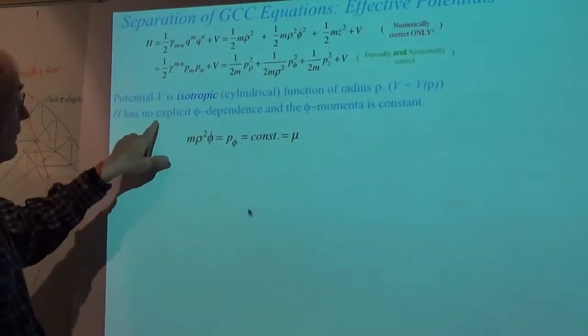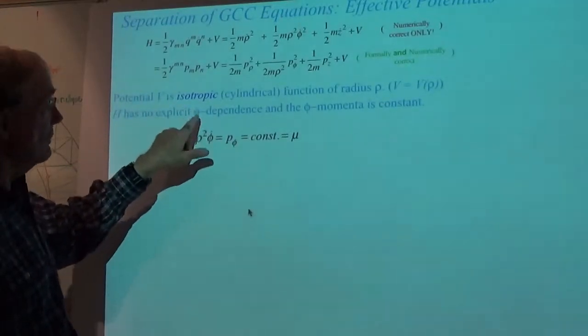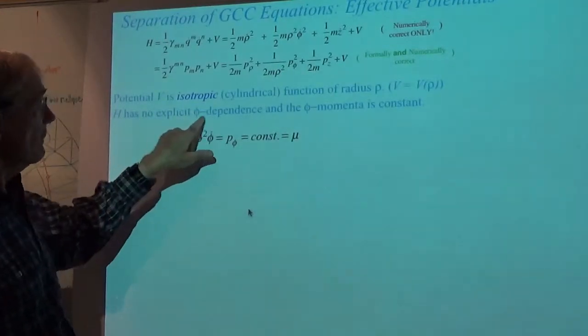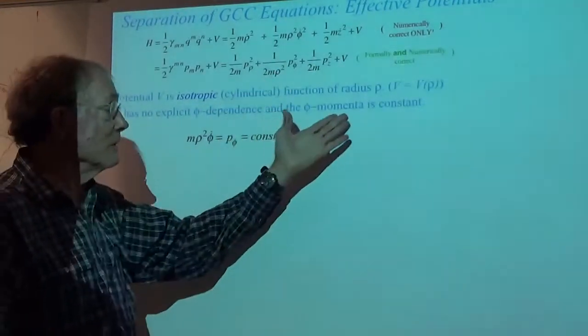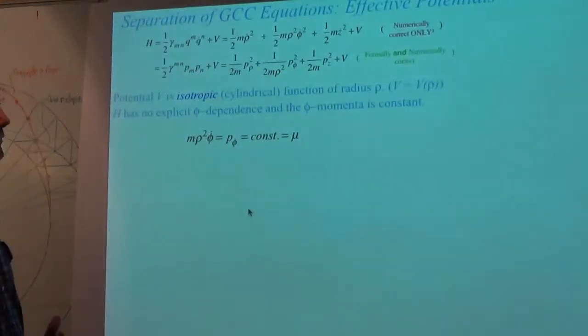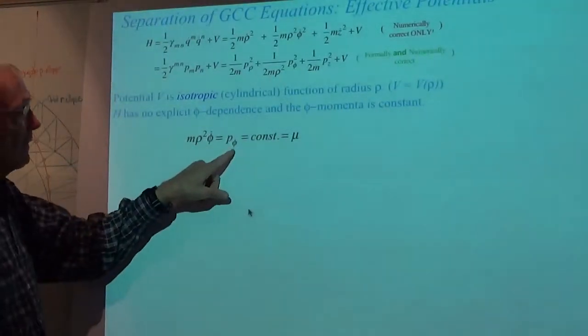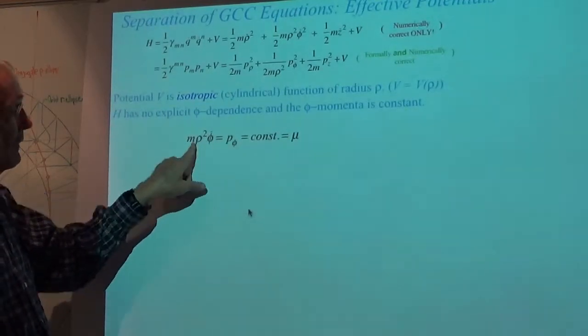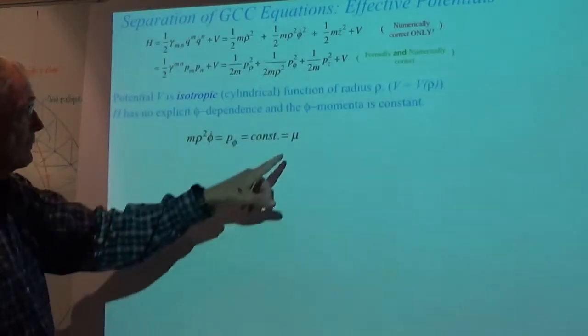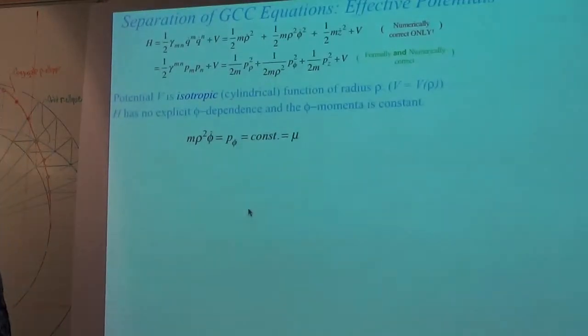And if that Hamiltonian or Lagrangian has no explicit dependence on the polar angle, then the momentum that goes with that angle phi, namely P covariant phi component, is definitely a constant, which we'll just label by the Greek letter mu as we work with this.